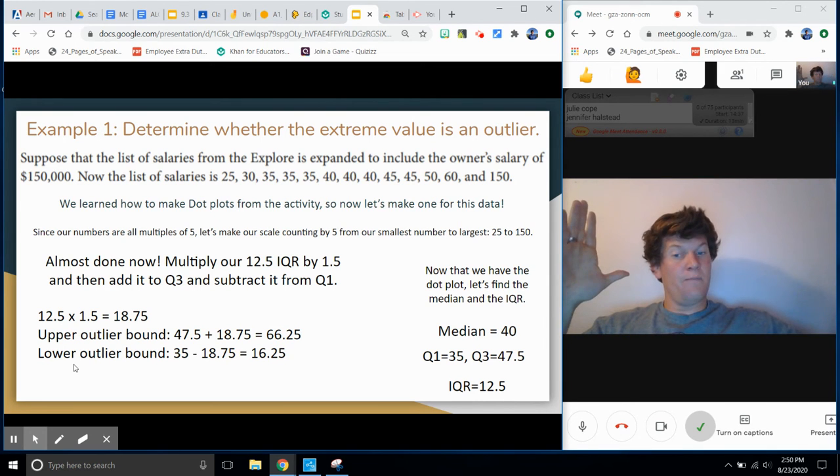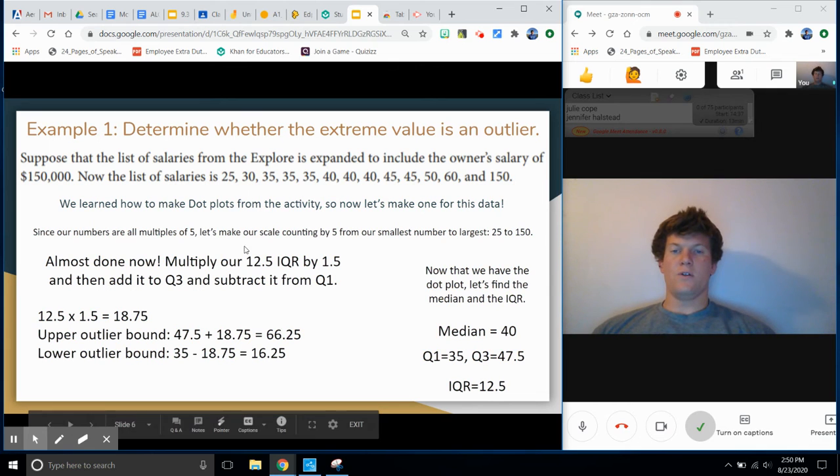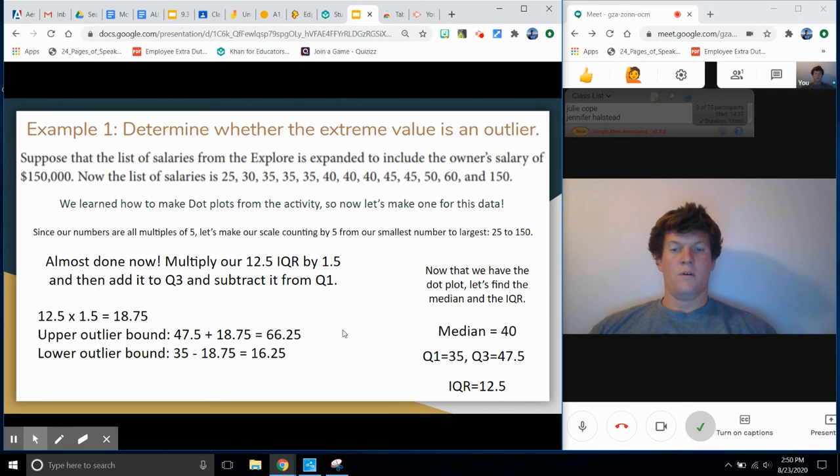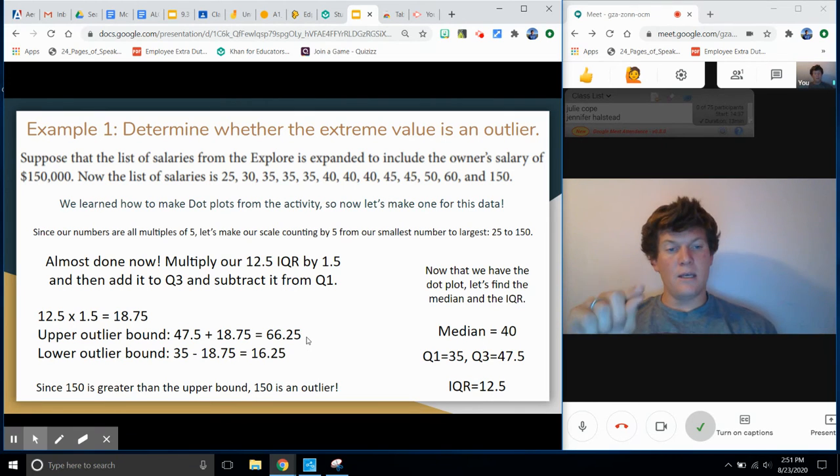But if I'm bigger than 66.25 or if I'm smaller than 16.25, I'm an outlier. So let's go back to the original problem. We're looking at his salary, which is $150,000. Is that more than our 66.25? Well, clearly, yes. And since it is, 150 is now officially an outlier.